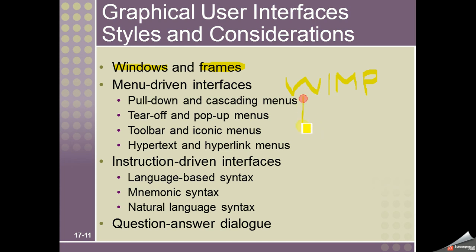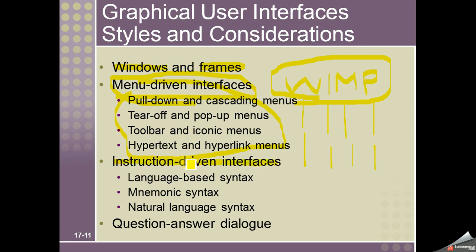It stands for windows, icons, menus, and pointers. Or another full form is windows, icons, mouse, and pull down menus. Or we call them menu driven interfaces. These are the most commonly used type of interfaces. We have different types of menu driven interfaces. We'll talk about them briefly, inshallah.